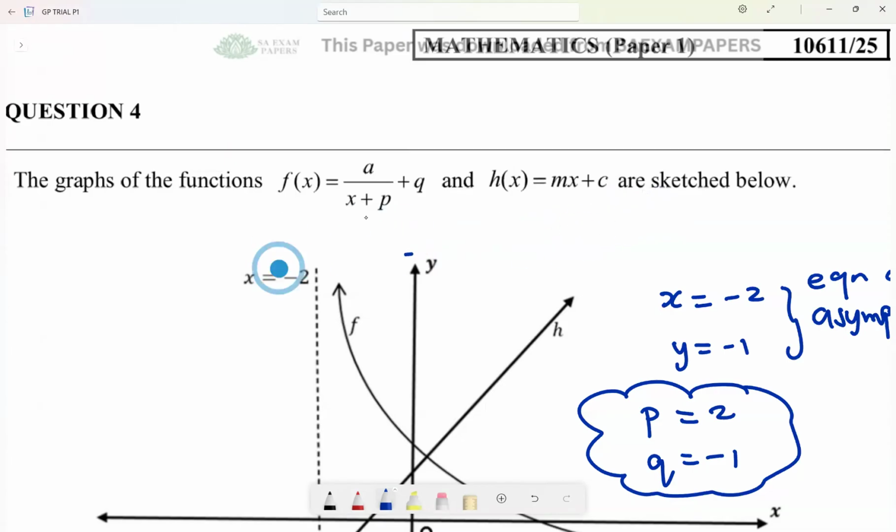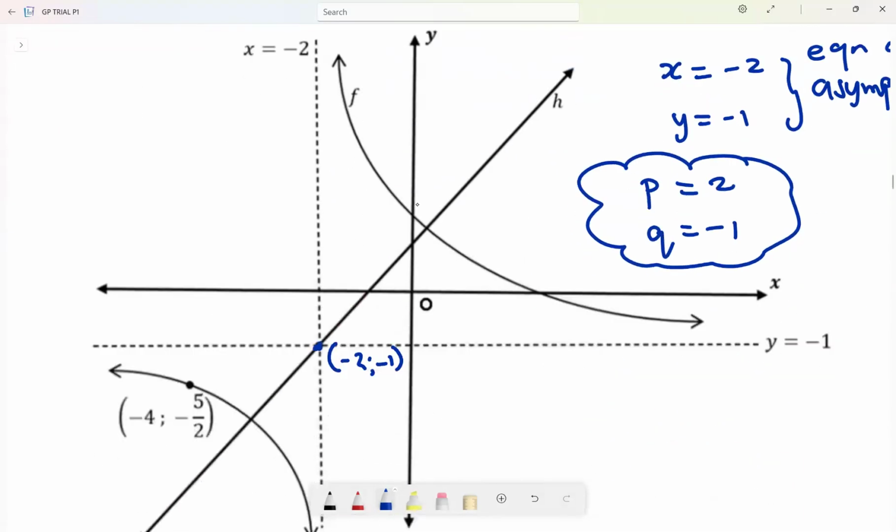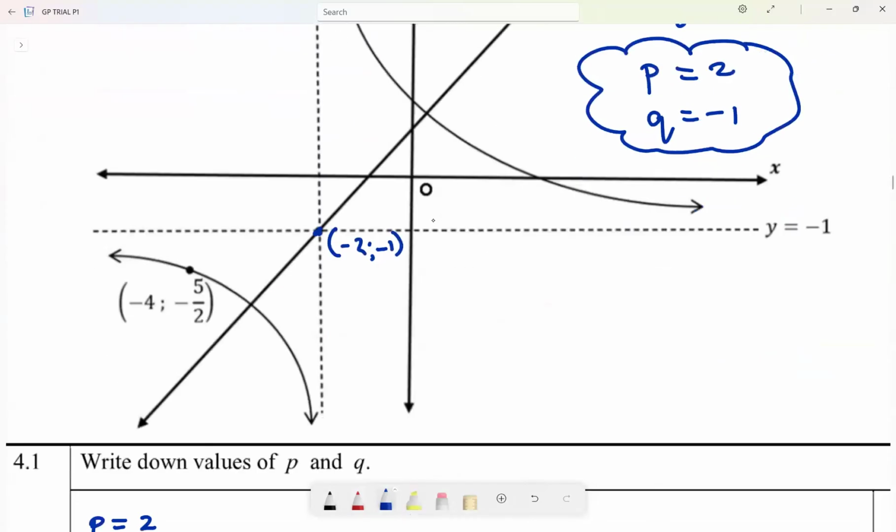And remember, if you were given the value of p, let's say you're given x plus 3, when you want to find the equation of the asymptote, we're going to say x plus 3 is equal to 0, where x is equal to -3. Or you are just told by your teacher that when it is positive here, it's negative there. So that's how you just equate it to 0. So our p is positive 2, and then our q is -1.